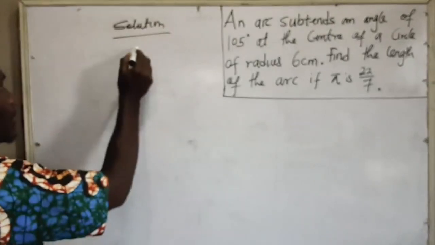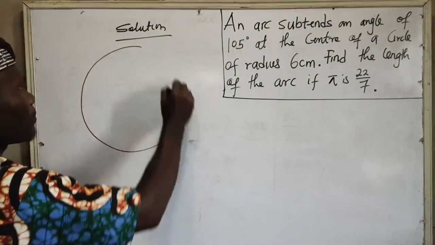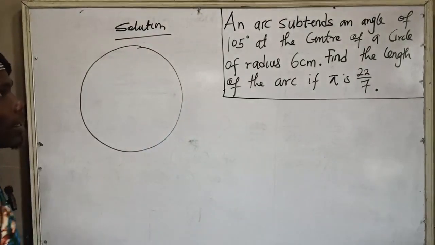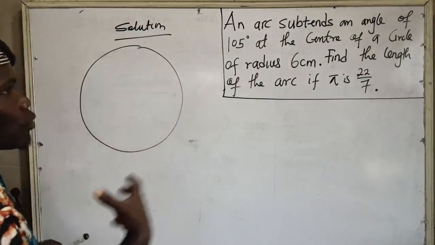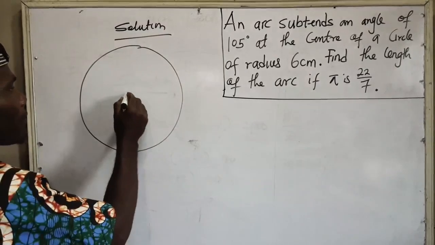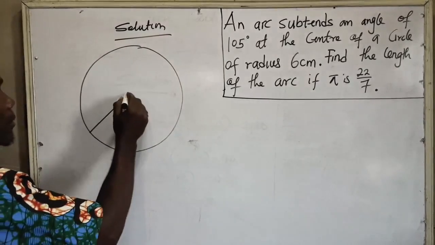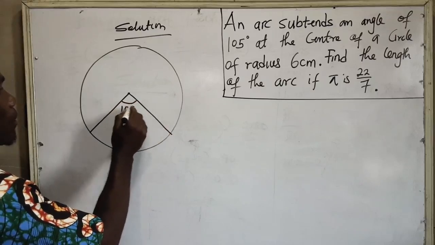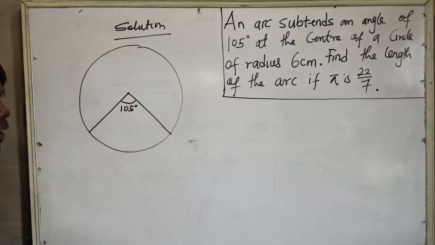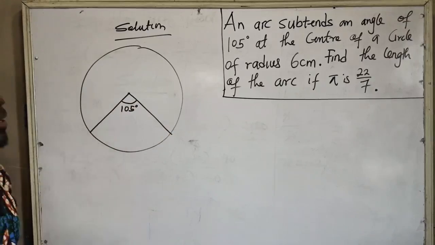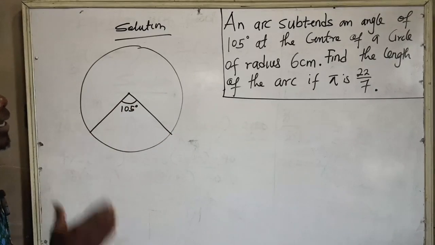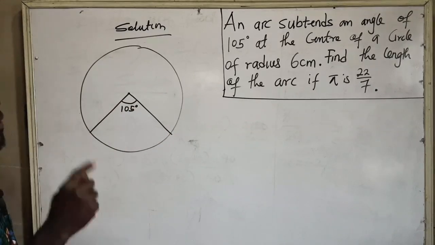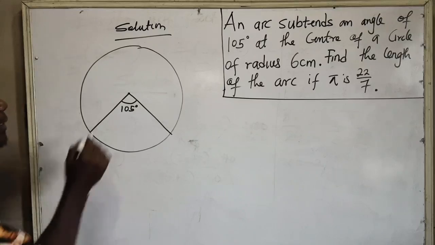In solving this, you have to draw a circle. It said an arc subtends an angle of 105 degrees at the center of a circle of radius 6 centimeters.